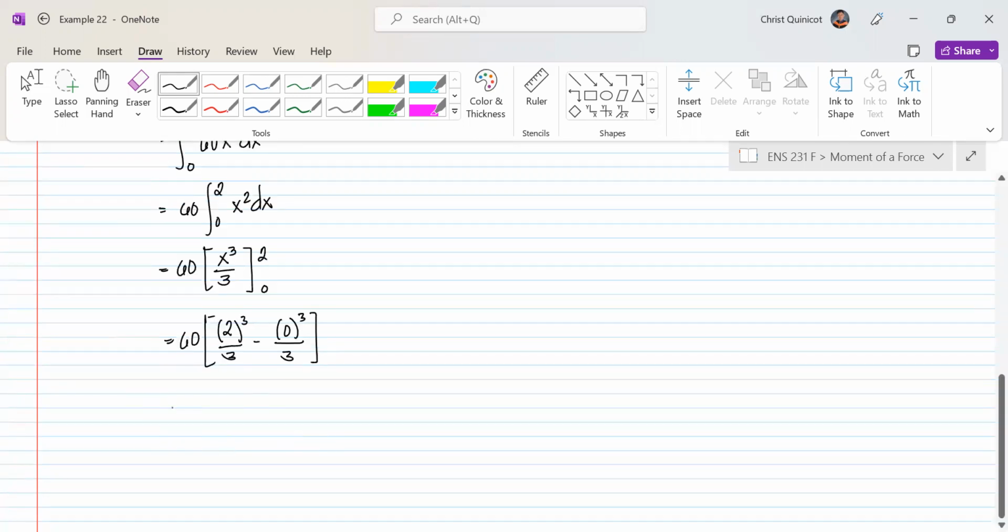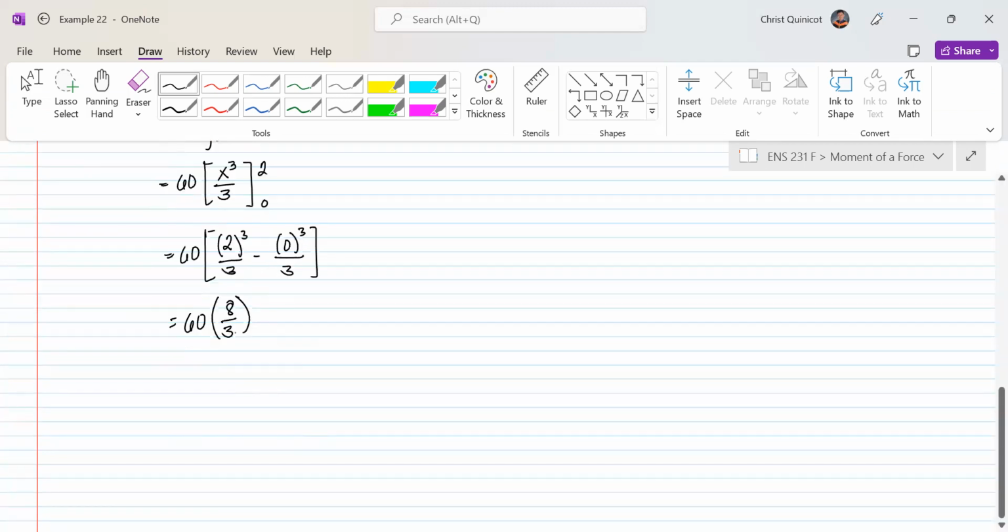And this is equal to 60 times, 0 cubed is 0, 0 over 3 is 0, 2 cubed is 8, so this becomes 8 over 3. And if we multiply 60 times 8 divided by 3, therefore our F sub r is equal to 160 Newton, and of course it is going down. This is the magnitude of our resultant force.